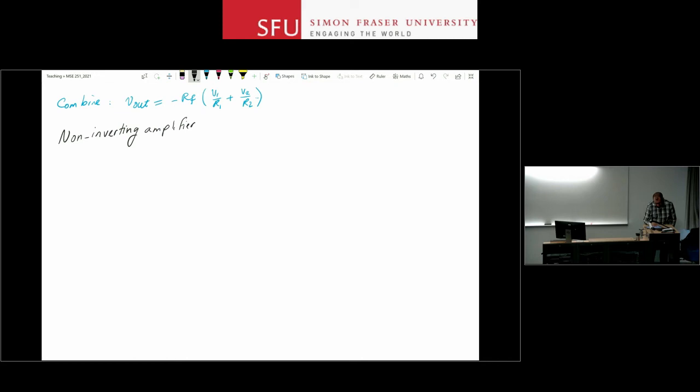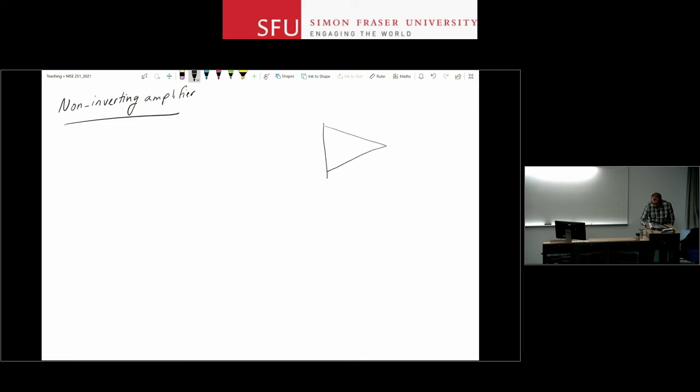And this is the topology, similar to the inverting amplifier. But in this case, I keep this end of R1 grounded and apply my signal to the non-inverting input directly. Okay?